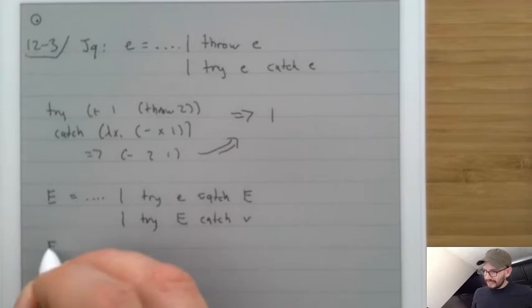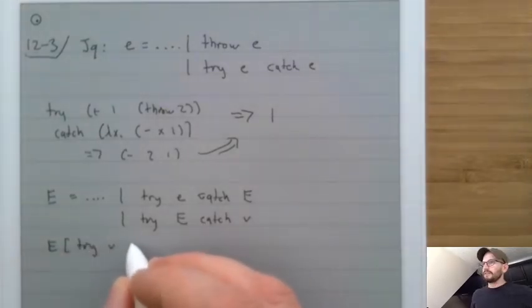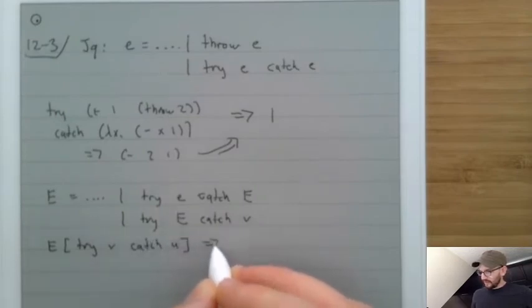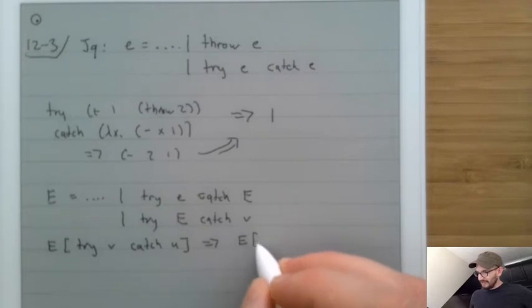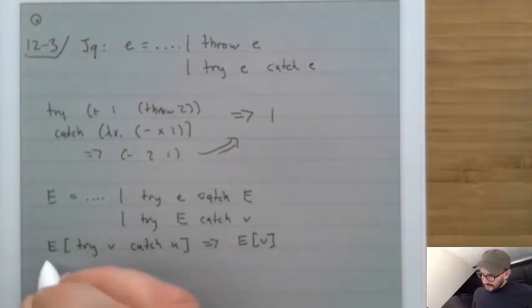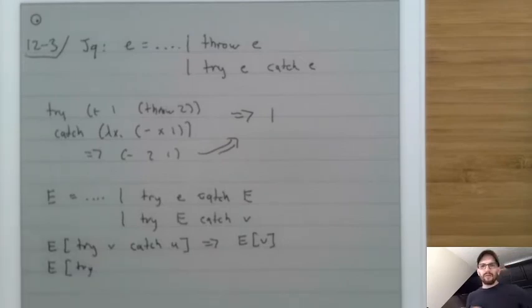One rule says E of try V, catch U is going to go to E V. The idea here is that if we reduce that to a value, then that means that we throw away the catch because we don't need it. Now the next thing is more interesting. It says that what if we're evaluating a try and we get to a throw?